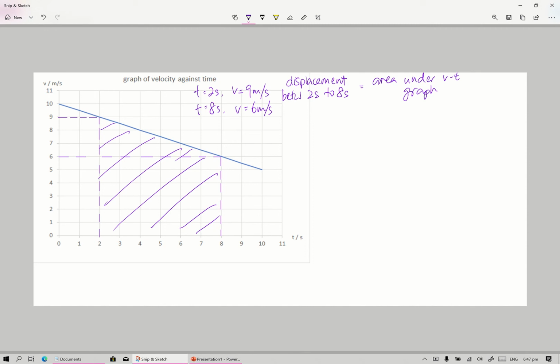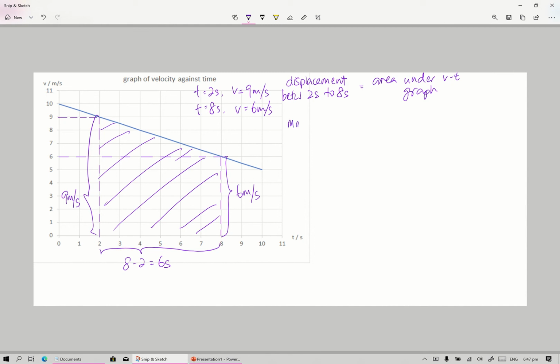So from 2 to 8 seconds, that's 8 minus 2, 6 seconds. At 2 seconds, the velocity is 9 meters per second, and at 8 seconds, the velocity is 6 meters per second. So what we are interested in is the area of this trapezium.